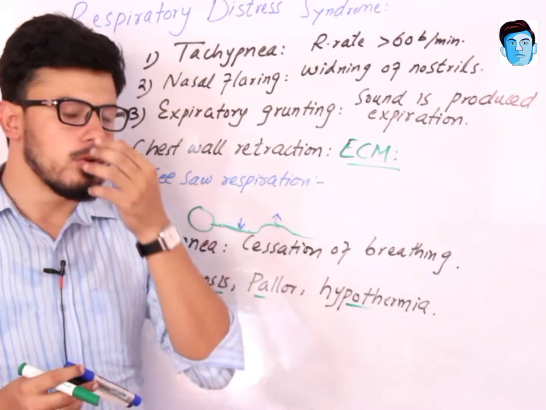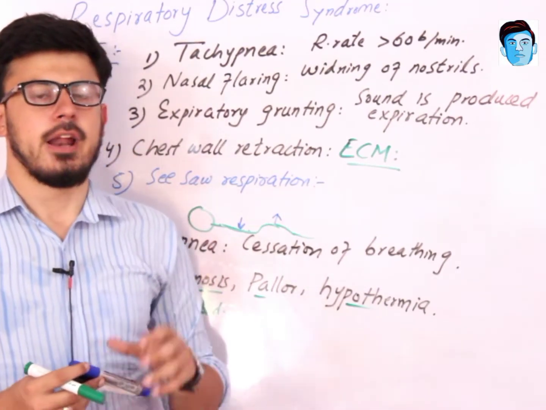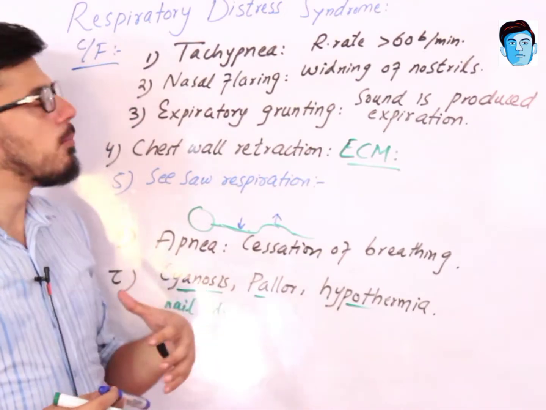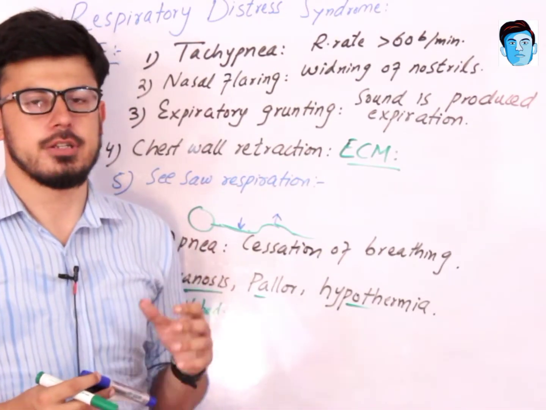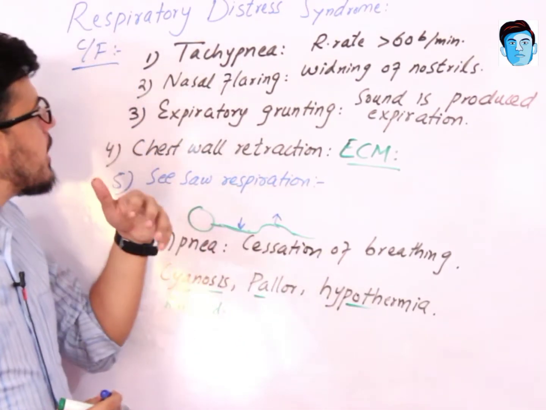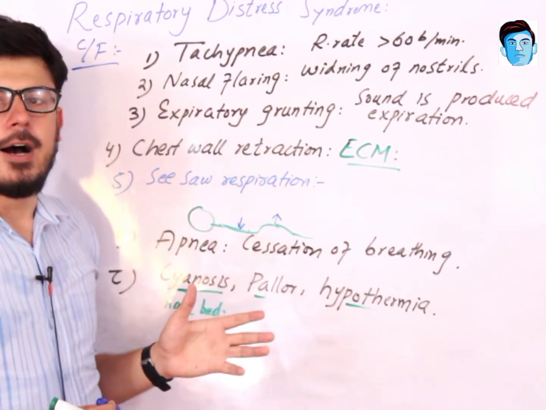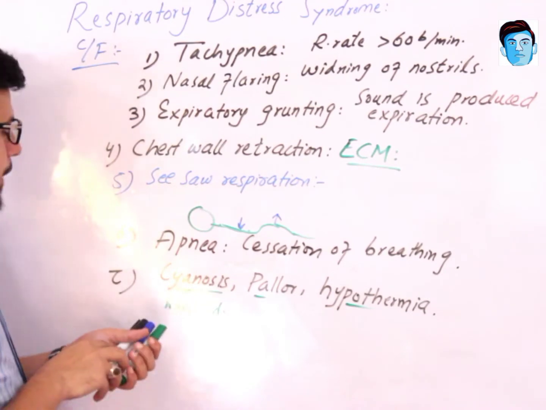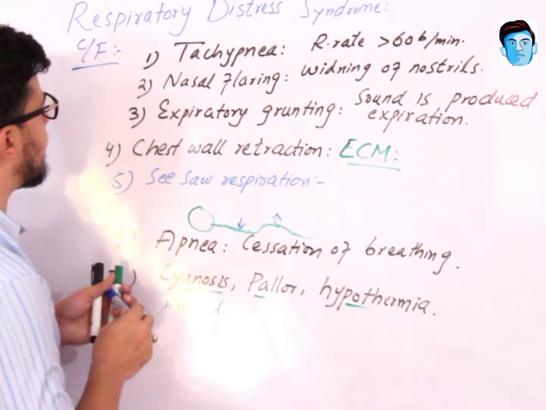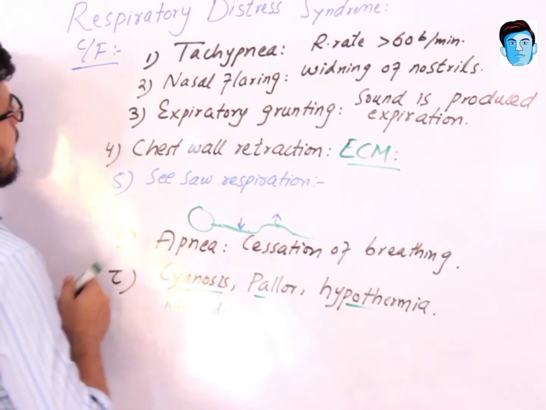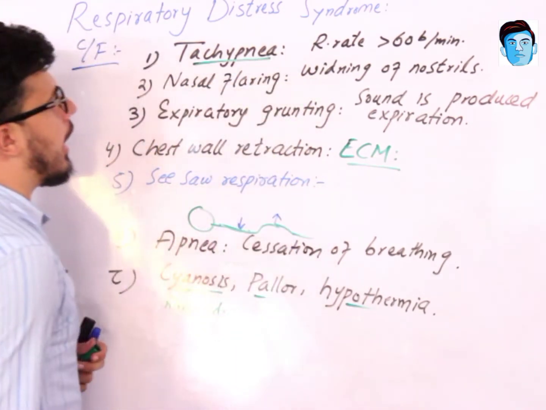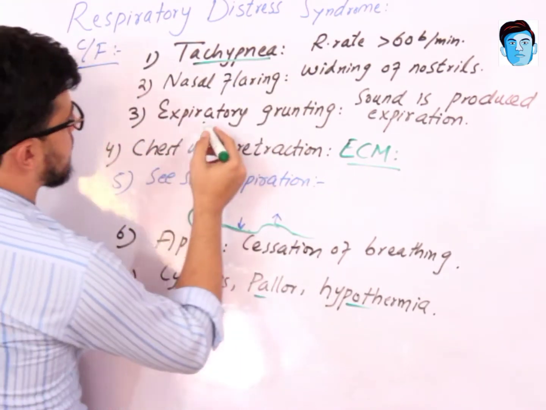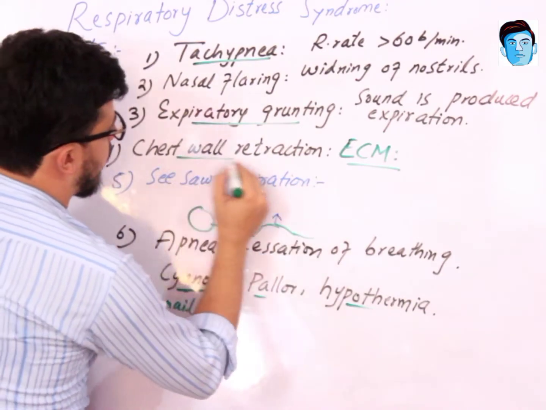Now one of the most important points is if someone asks you what is the most important triad of respiratory distress syndrome. Till now we have discussed a lot of signs and symptoms of a patient, but the predominant and important triad of RDS is tachypnea, expiratory grunting and chest wall retraction.